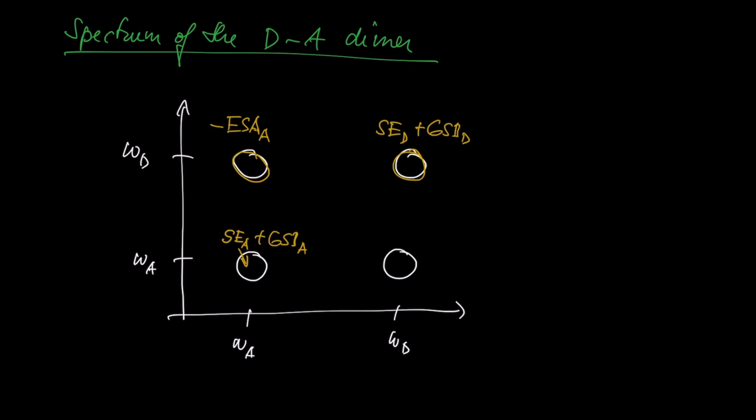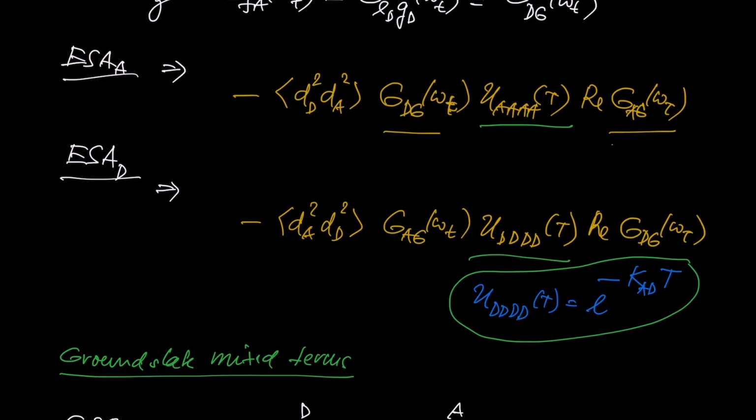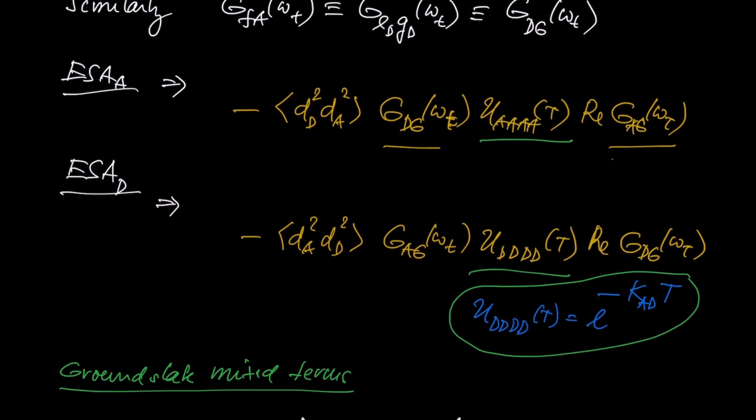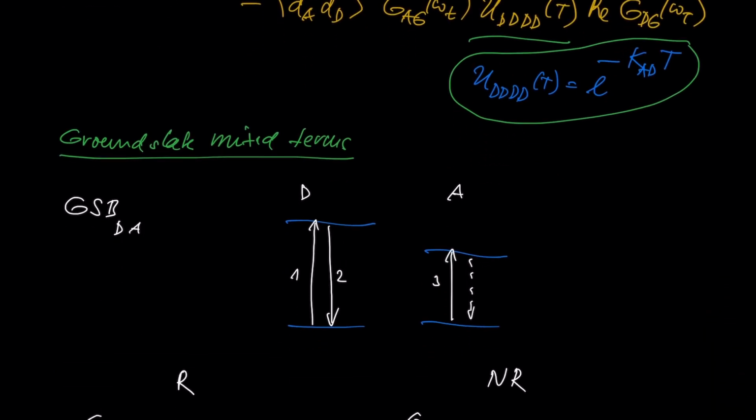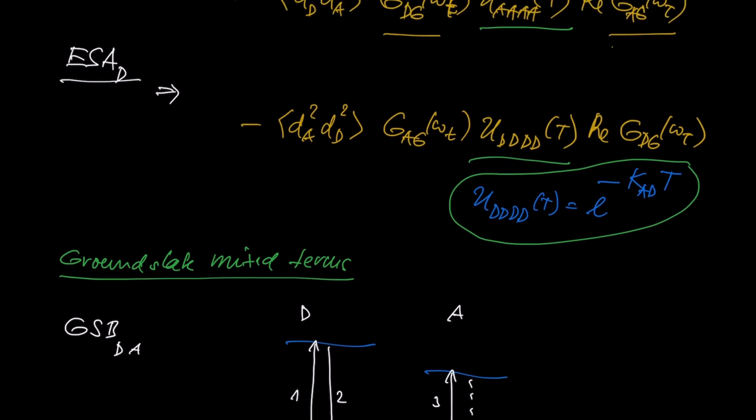Okay, then we have ISA D. ISA D, like ISA A started on omega A, the ISA D will start with omega D, and it has to emit on omega A. So that's this position. There's going to be minus ISA D here. Okay, let's have a look what are the other contributions. So ISA A, ISA D, we have already seen that these contributions end up outside the diagonal of the spectrum, and that's because they are mixed. They are mixed contributions, involve both transitions on the D and A molecule.